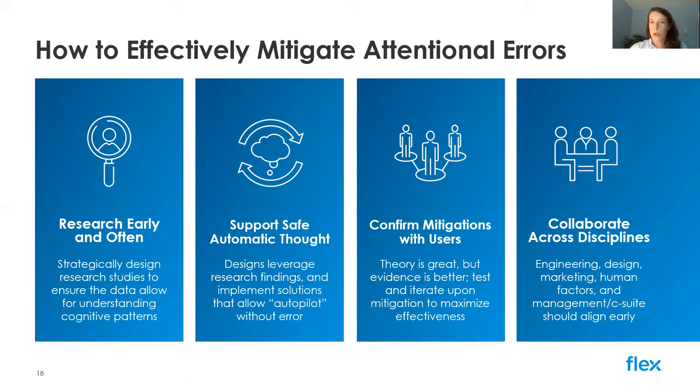So then once you have these data, you've done your research and you have data that suggests, okay, these are the mental models, the defaults, and the automatic tendencies of our users, what do you do? You design to support safe automatic thought.